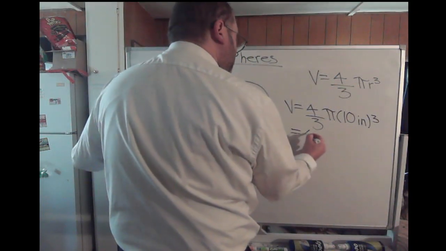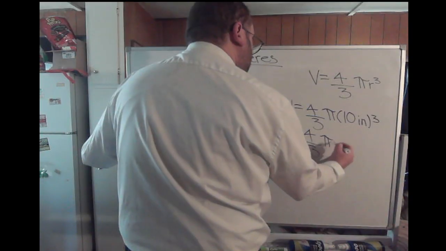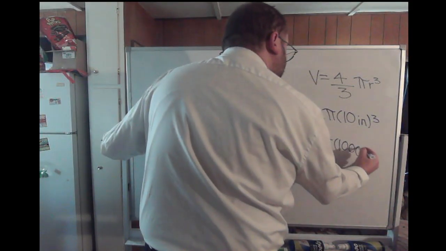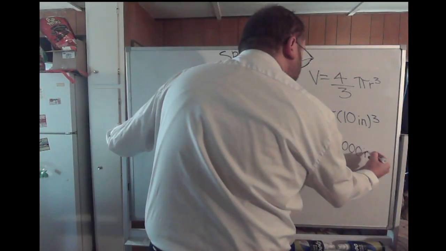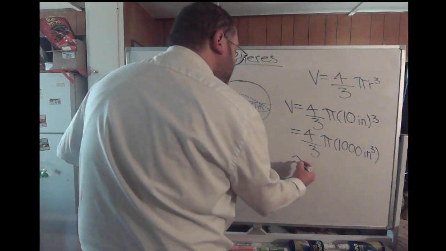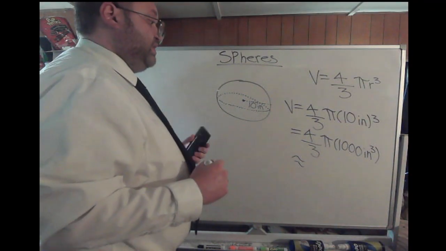Okay, so you'll still have 4/3 times pi, but that 10 to the third, that's 1,000 times your inches to the third, well, that'd be cubic inches. Now all you gotta do is your multiplication and you have the answer to the volume of your sphere.